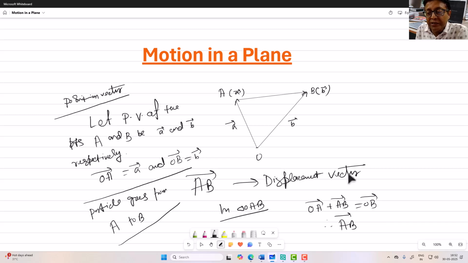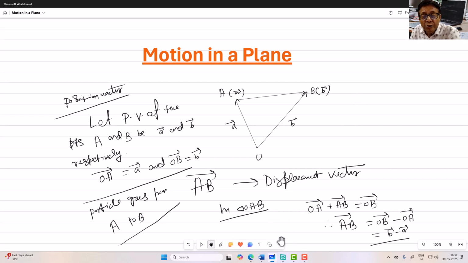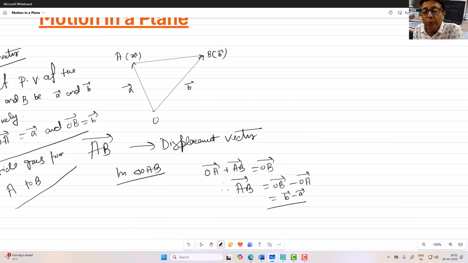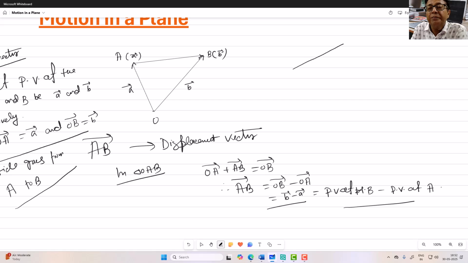Therefore, AB vector is OB minus OA, B minus A. Now, AB is the displacement vector, which is nothing but position vector of point B minus position vector of point A. If the particle goes from P to Q, say, then point P is here, Q is here, PQ is the displacement vector.